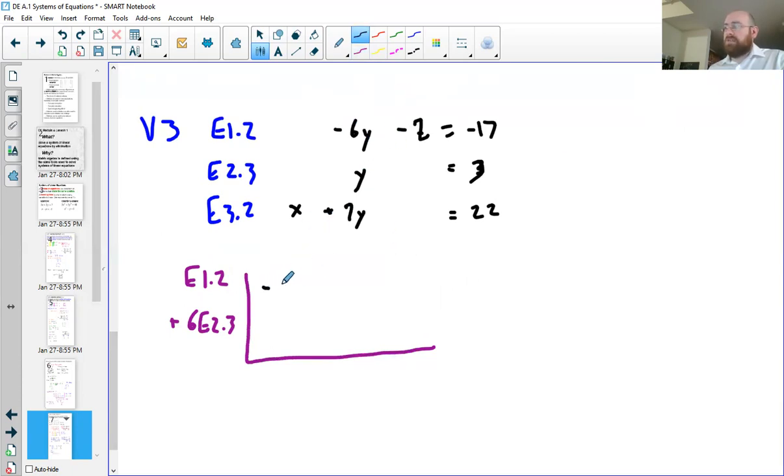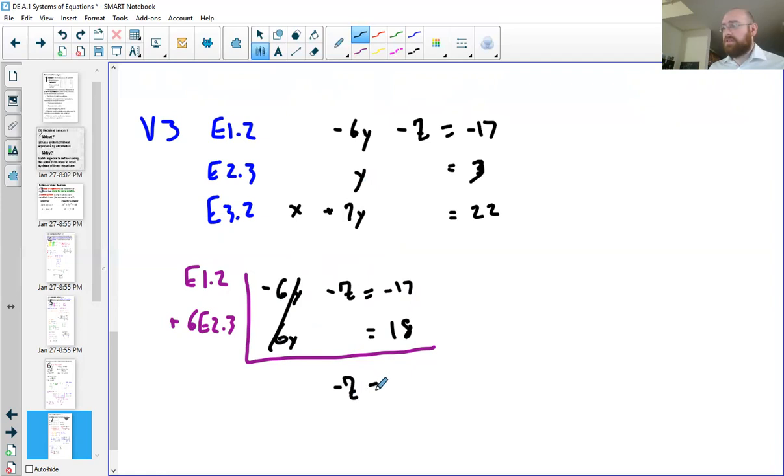So we have negative 6y minus z equals negative 17. And then I'm multiplying everything by 6. So 6y, nothing in the z place, equals 18. So our y's cancel out.